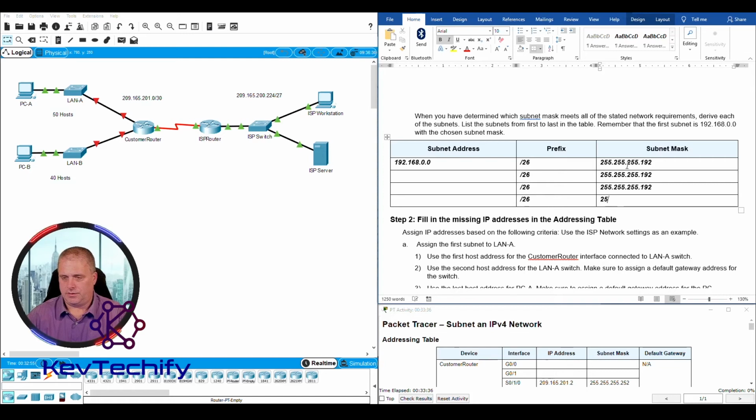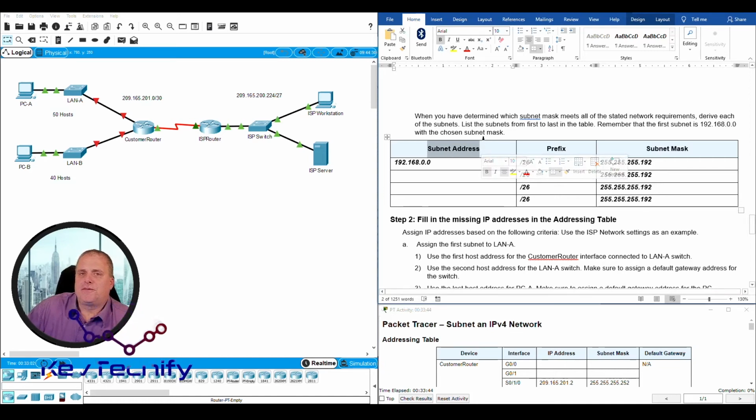The subnet address is the first address of each of those 4 networks we came up with.